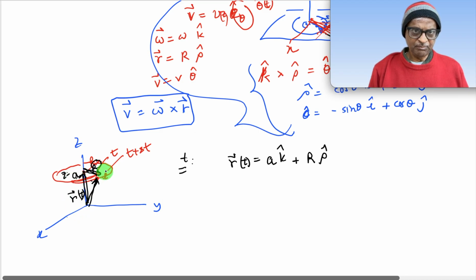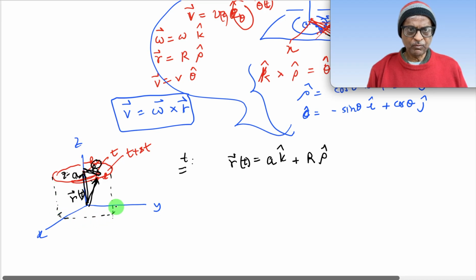So if you look at the projection of this thing over here, that direction is rho hat, and this much angle is theta.